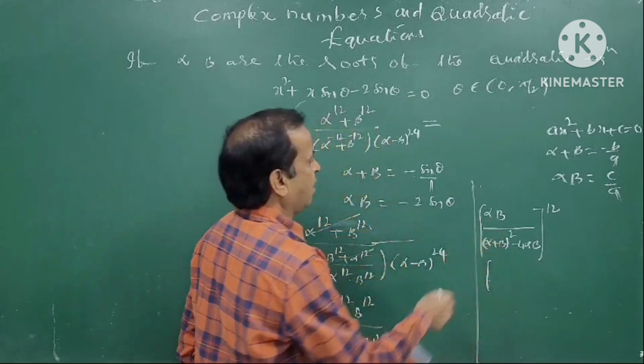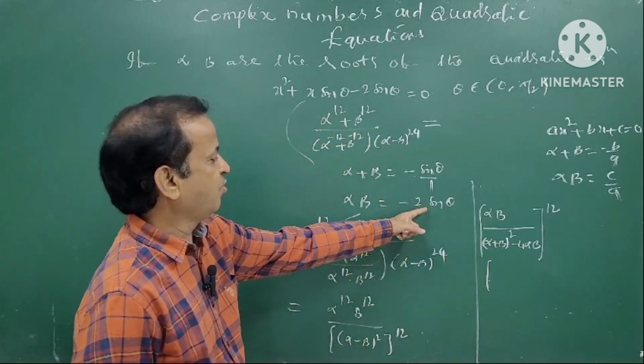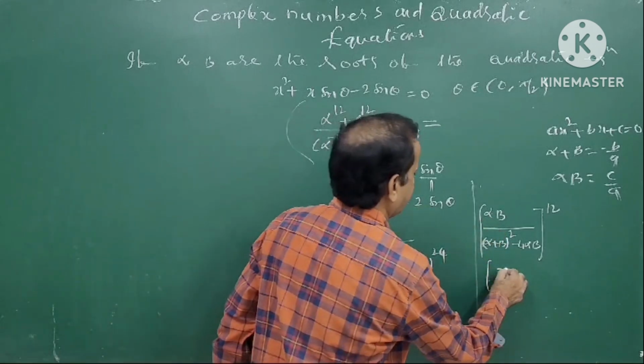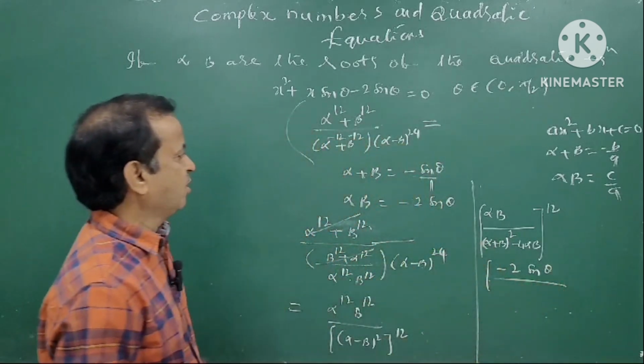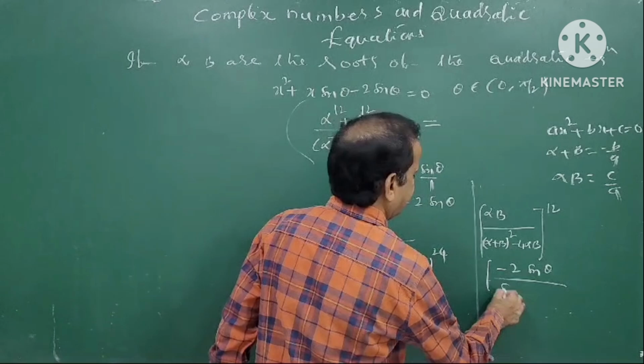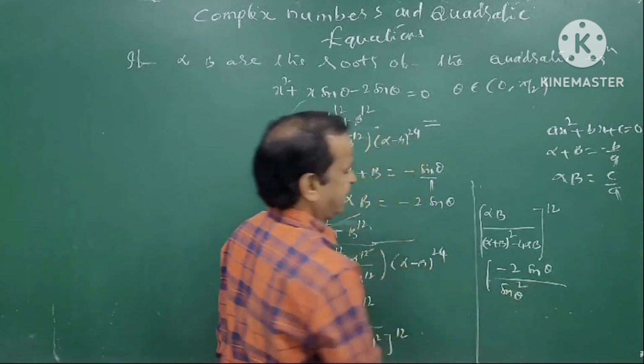Here alpha beta is minus 2 sin theta. Alpha plus beta is minus sin theta, whole square, that is sin square theta.